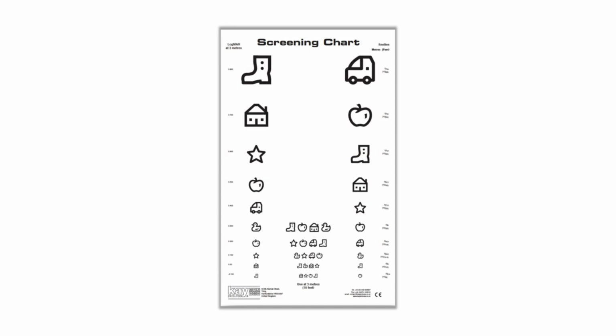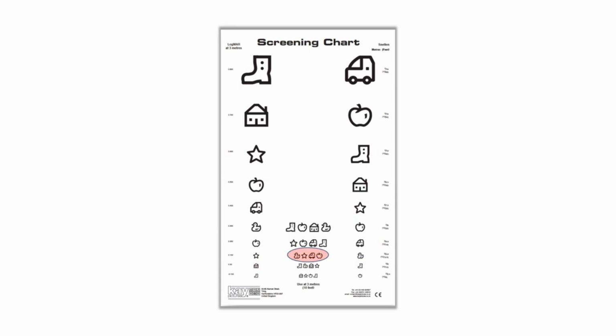Now let's assume that the child sees all the way down that column until they get to the house. But they get that one wrong. So you ask them to look at the boot at the same size, but they can't see that one either. So you know that they've seen the star above the house. So the next thing to do is ask them to read out the 4 pictures in the middle that are the same size as the star.